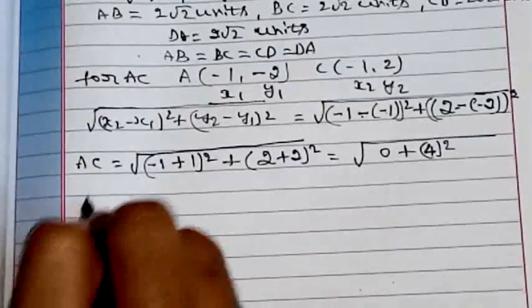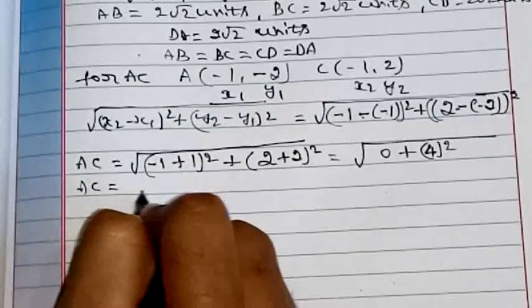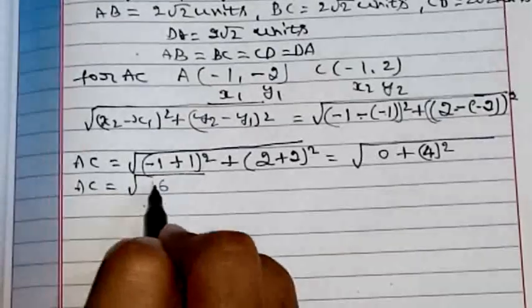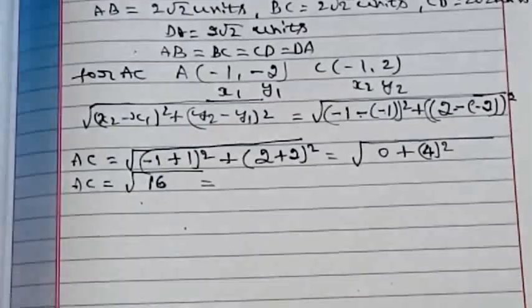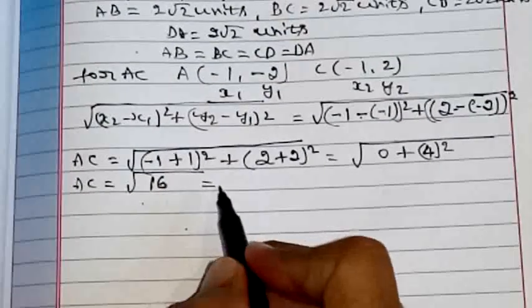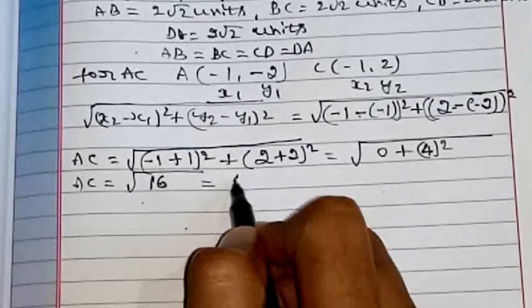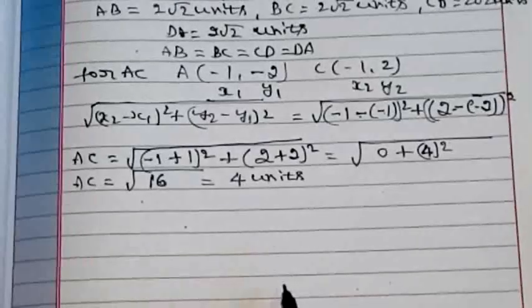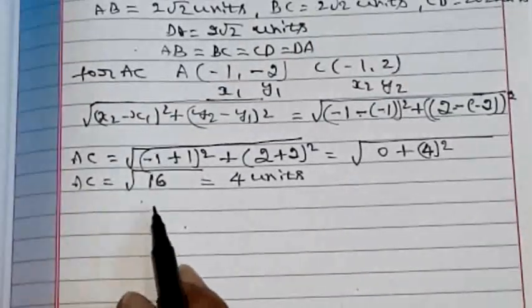So AC is equal to square root of 4 square, which is 16. The square root of 16 is 4 units. So this is the distance between A and C.